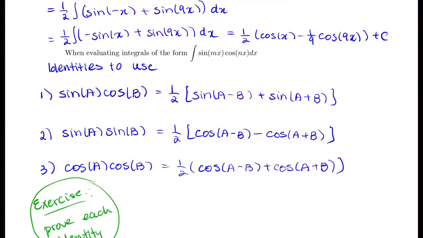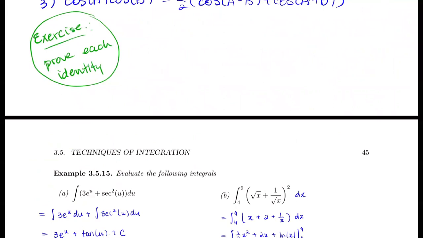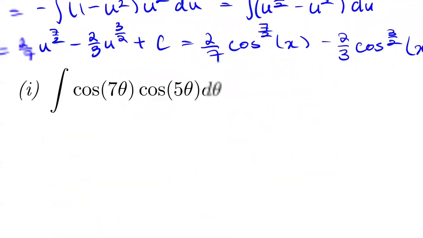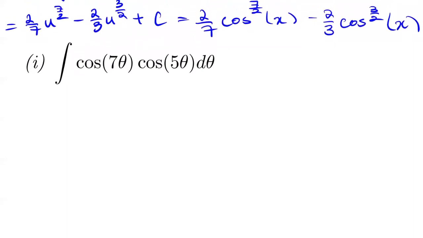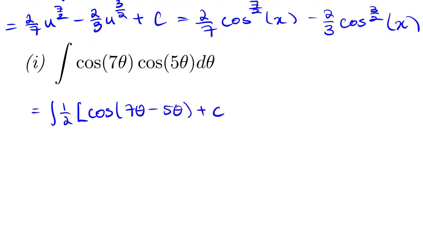So we're going to change this into the integral of half of cos of 7 theta minus 5 theta, plus cosine of 7 theta plus 5 theta, d theta.